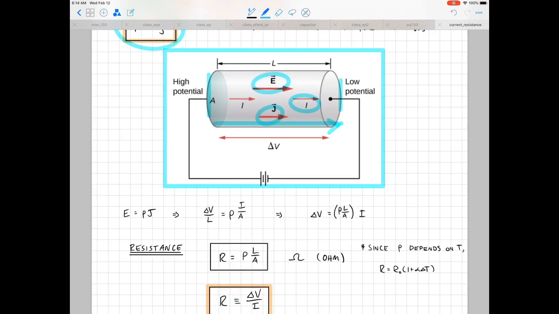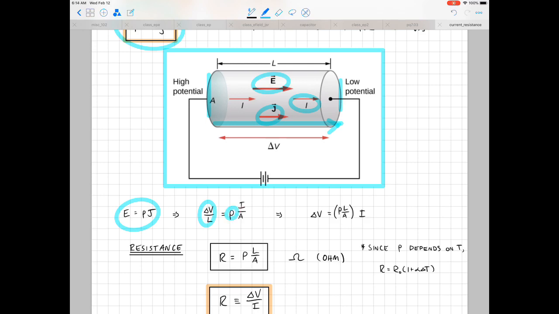And so let's just look at what happens when we follow just the algebra and the definitions that we've already given. So the electric field is related to the resistivity multiplied by the current density. And for a uniform electric field, the electric field is just equal to the difference in voltage divided by the separation of those voltage lines. And so that's the delta V over L from the picture.